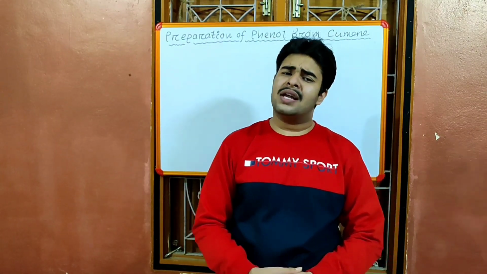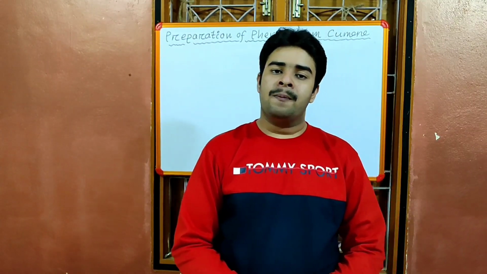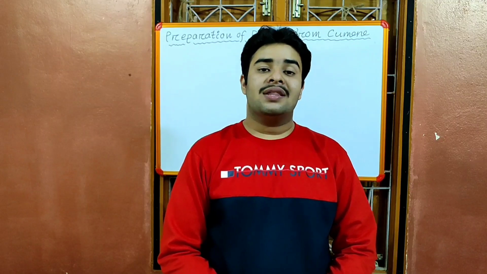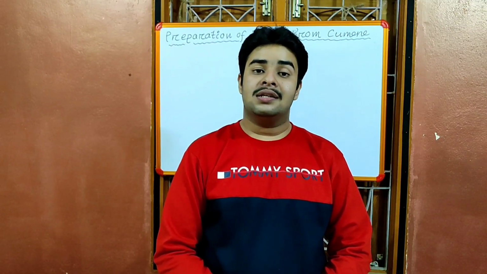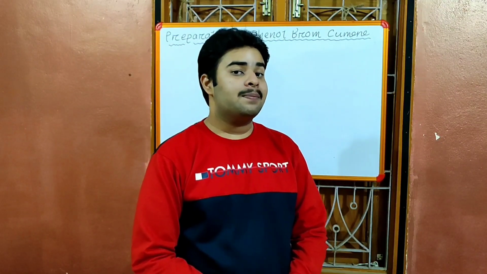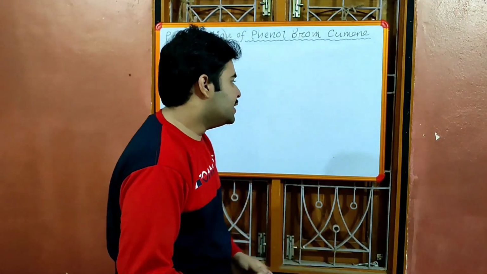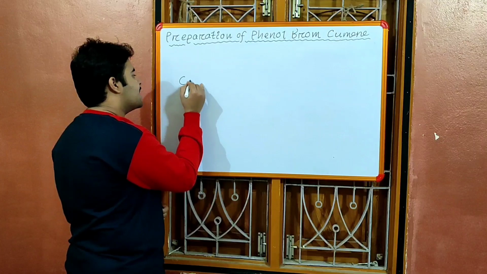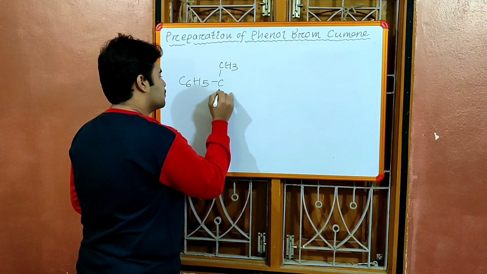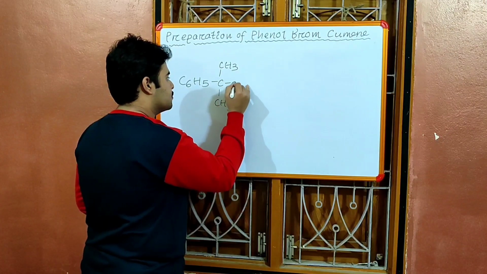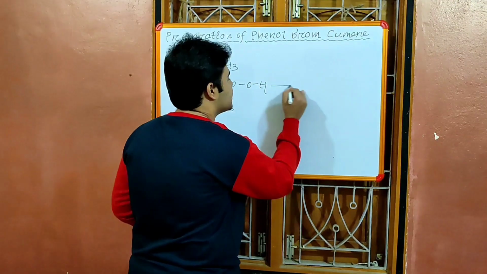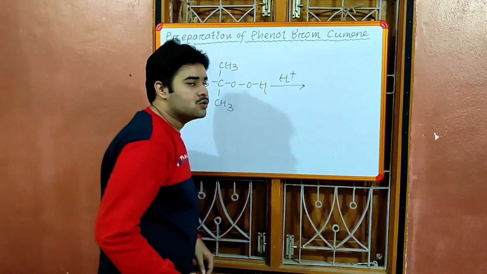As it is an acid catalyzed rearrangement reaction, there is the presence of a proton. According to the Bronsted-Lowry concept, an acid is a substance which can donate a proton. And here is our cumene hydroperoxide, and in the solution, there is the presence of a proton.